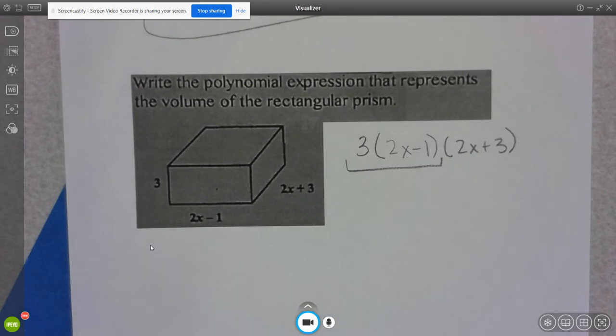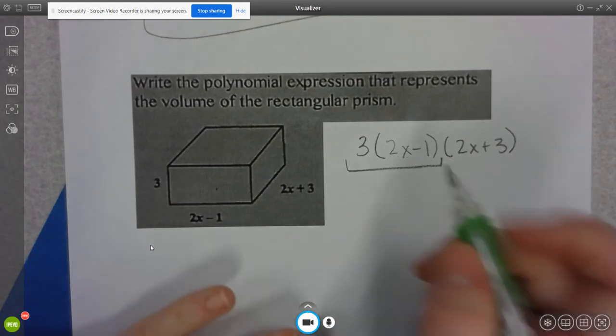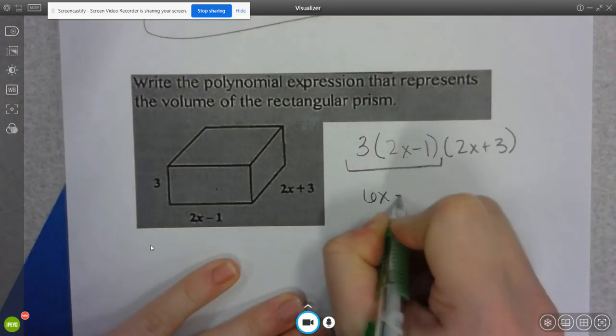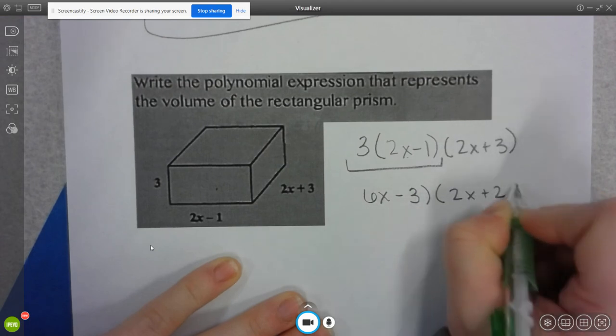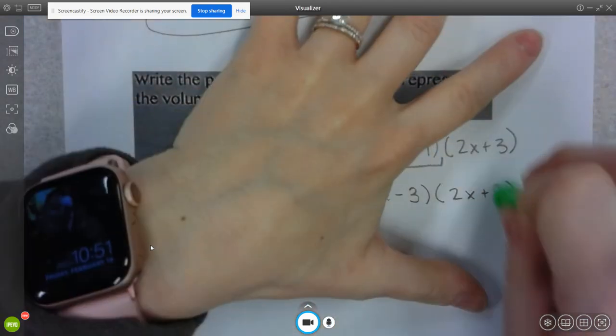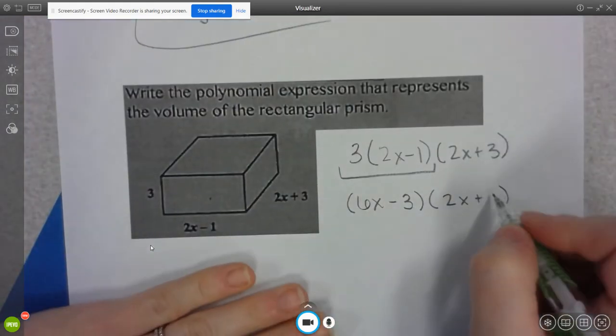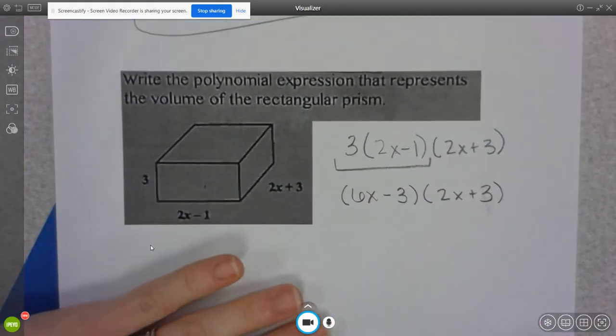And I ran out of lead. All right, so 3 distributed into 2x minus 1 gives me 6x minus 3, which then I'm going to distribute with, helps if you write down the right numbers, 2x plus 3.